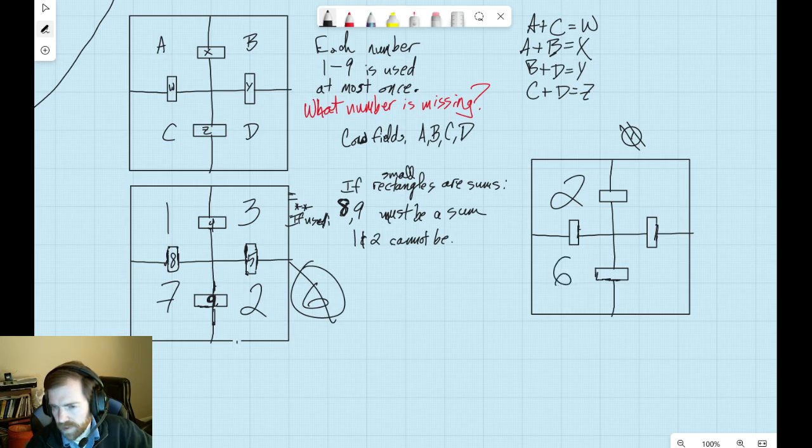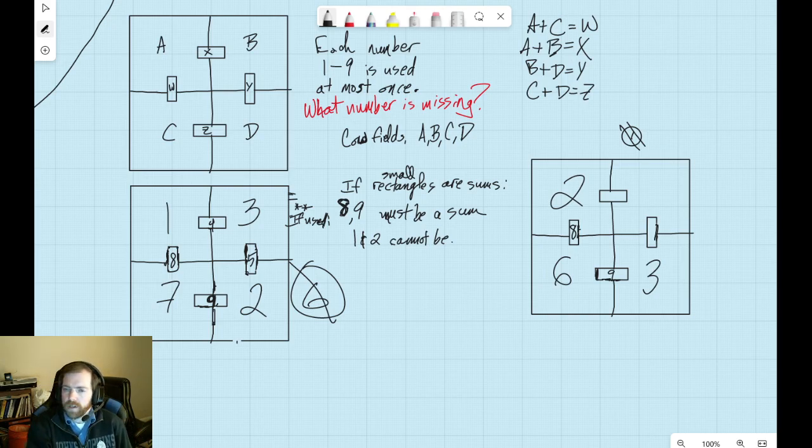Let's assume we have a 6 here. That's going to make an 8. And then this is going to have to be a 3 in order to make this a 9. Right? Any higher, it's above 10, so we can't do that.